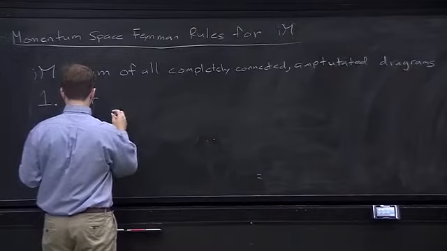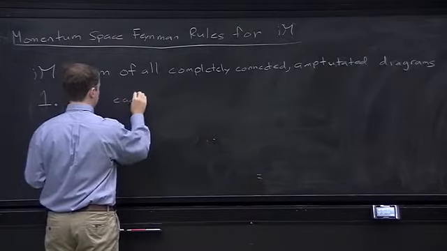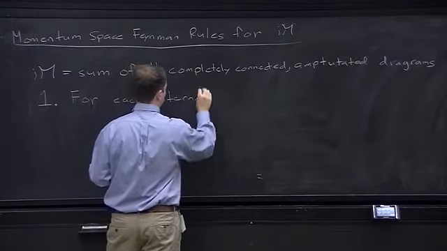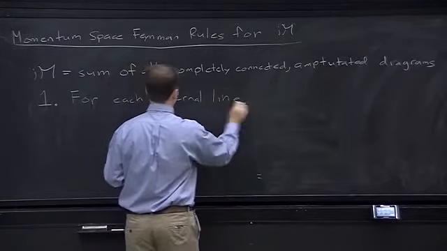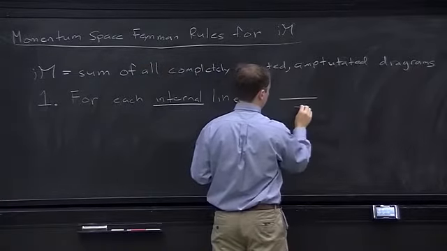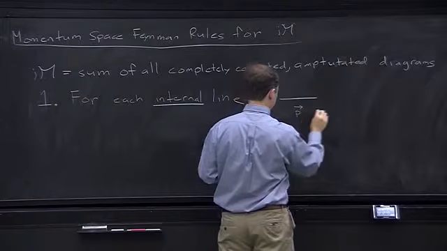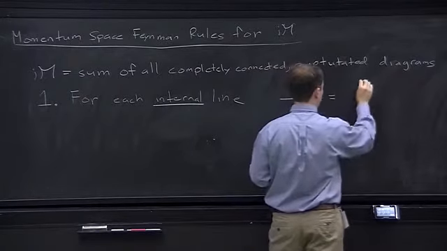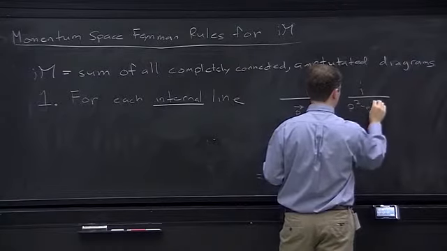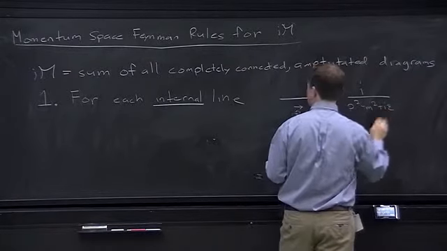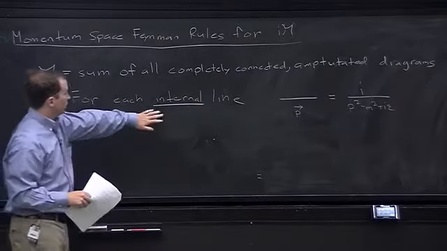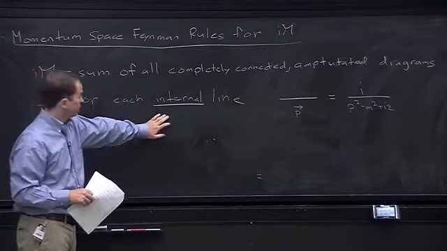So the first rule is for each internal line, we get a factor of i over p squared minus m squared plus i epsilon. There are two things worth commenting on. One is that it's only for the internal lines.